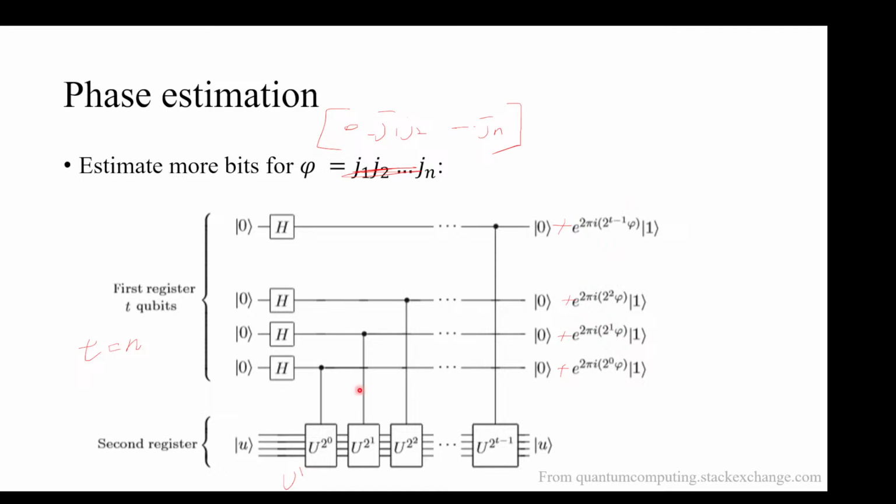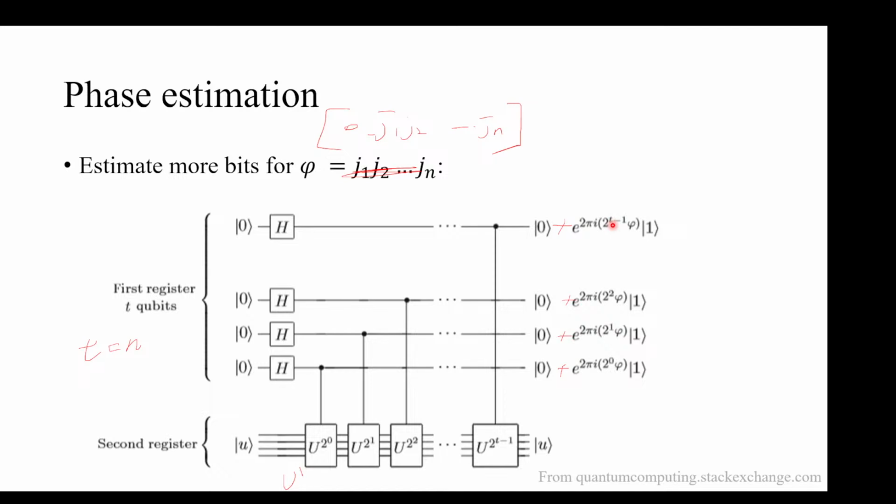Okay, so each one of them is just a power of u. Small u is always an eigenvector of those controlled unitaries, with a different amount of phase getting kicked back. So whatever power of u you apply, you get the corresponding amount of phase here.